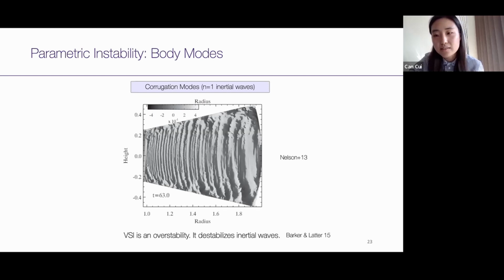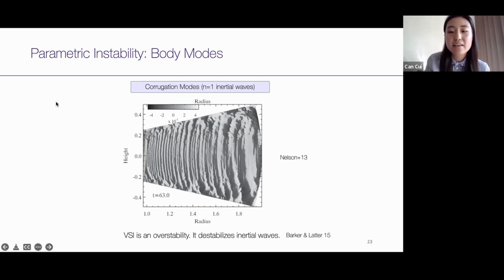This is usually done by the viscosity in the disk. But the coherent vertical motions have scales that are way too large, while the viscosity needs small-scale patterns to dissipate them away. So the problem is how the VSI saturates, and how this energy can be dissipated away in the disk.